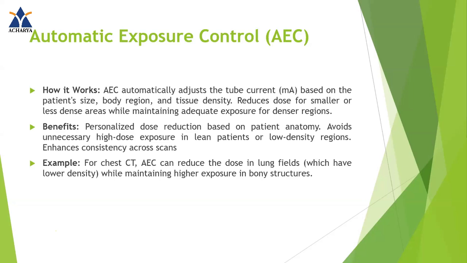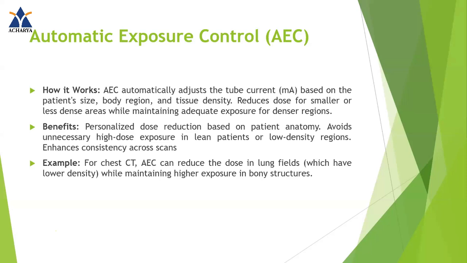If higher mAs is not used in that particular region of interest, it causes streak artifacts and reduces the diagnostic accuracy of the images. But the same mAs is not required while imaging the neck region, because the neck region is mainly made up of only the cervical spine, and all the others are soft tissues.